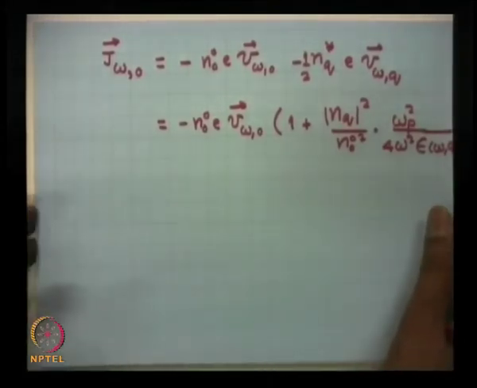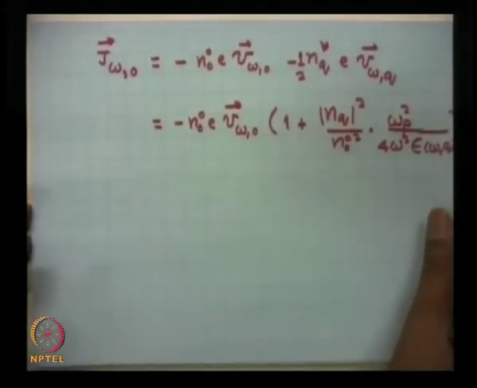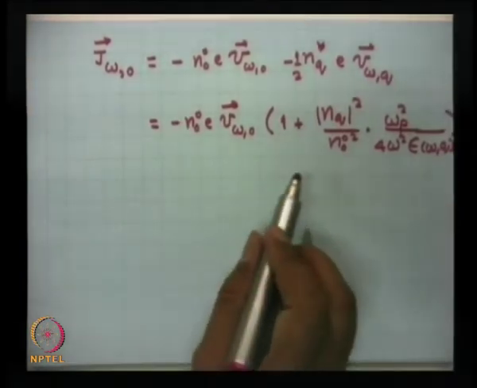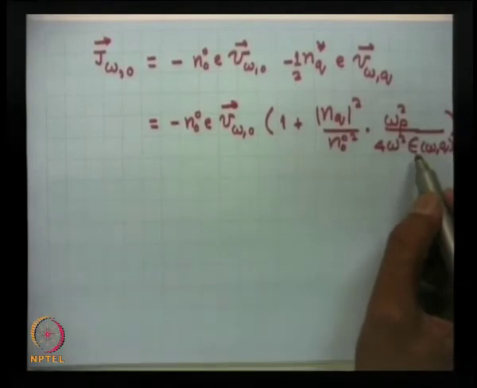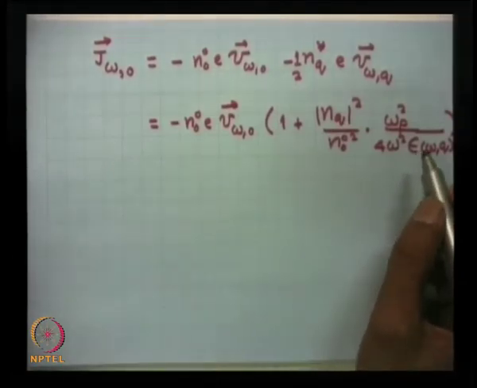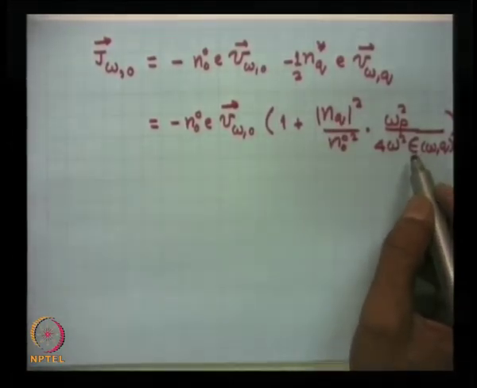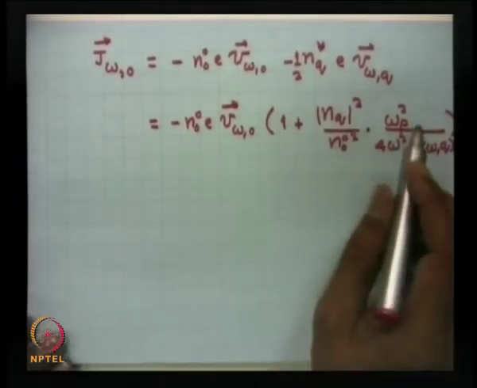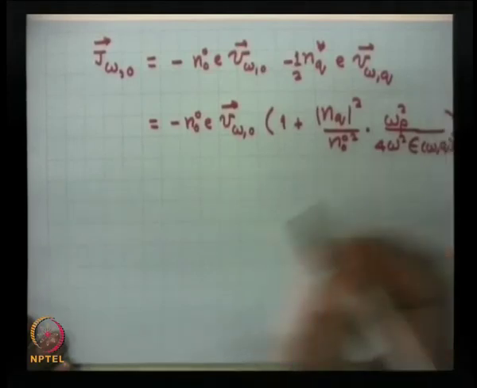The physics has come out with some clarity here: that epsilon, which is responsible for resonant wave particle interaction through Landau damping, gives you an imaginary part here.